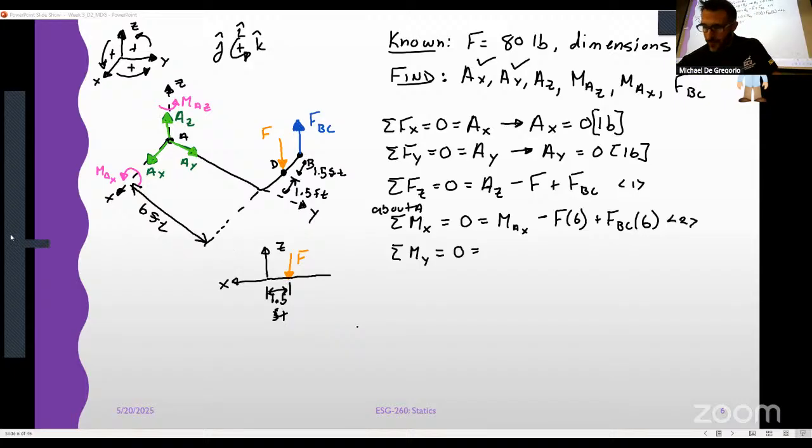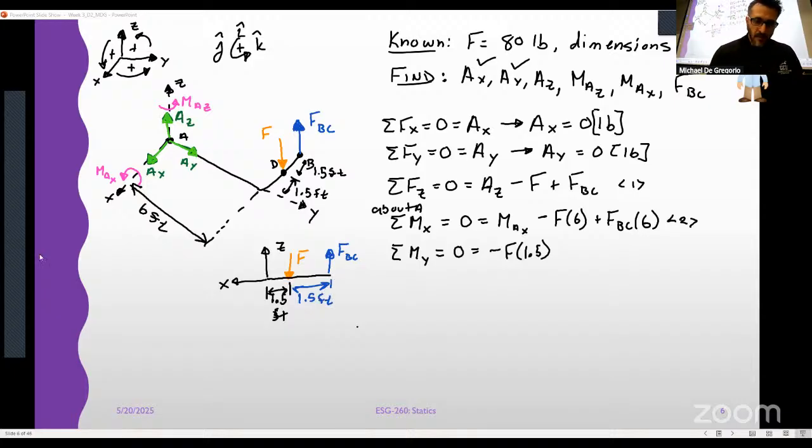So yeah, negative F times 1.5 feet. I can do the same thing with F_BC. This distance is also an additional 1.5 feet. And so what's the moment contributed from the tension in the cable around the y-axis?